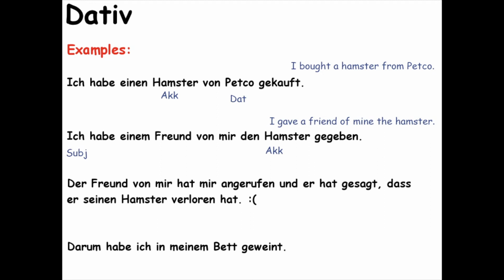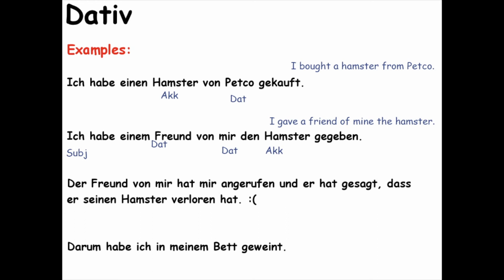So, I gave the hamster to or for whom? Einem Freund, a friend. That's why we put the em ending on ein, because Freund is in the dative case. Now, von mir, von is one of the prepositions that will definitely make a noun into the dative case. So we change the personal pronoun for yourself to mir, which is the dative version of ich. Got it? Let's move on to the next question.